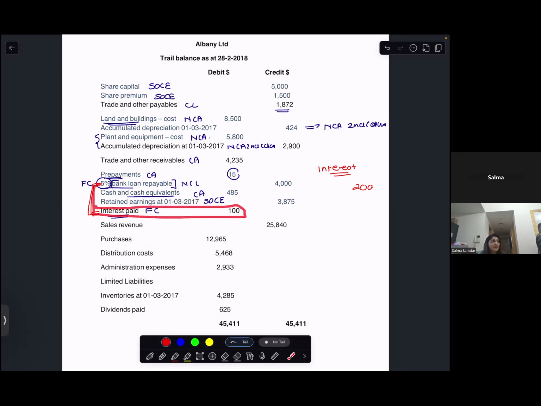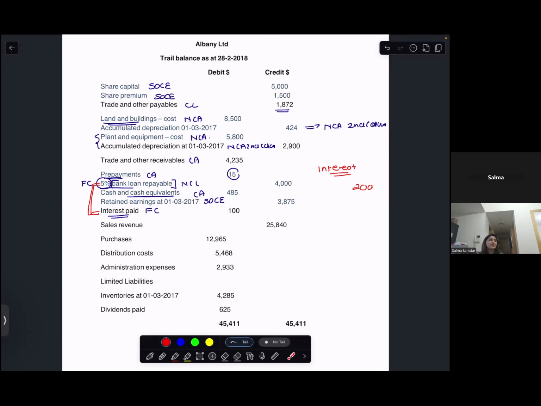Interest. They mention paid or not. If the interest is in the trial balance, it means interest is paid. How much interest is paid? 100. Interest on bank loan is 200, how much is paid? What does this mean? 100 is outstanding.